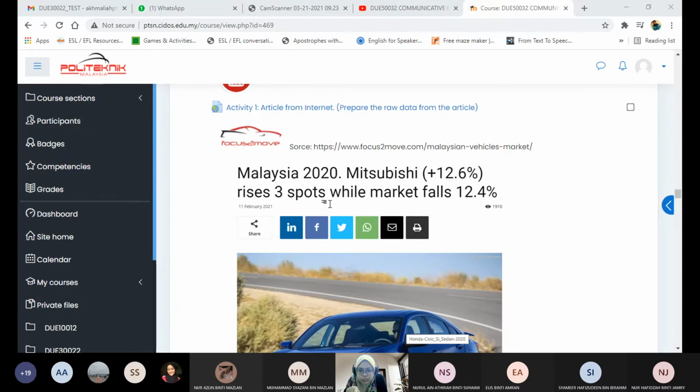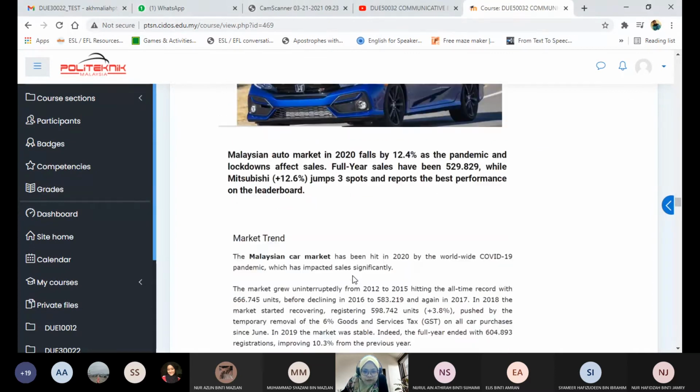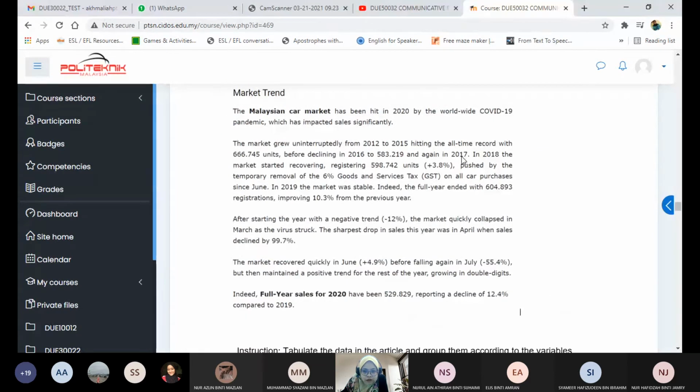Okay, betul ke? I rasa you punya betul sebab bila kita tengok ayat ni dia cakap in 2019 dan 2017 dia menurun kan. 2019 dah 583, so bermaksud 2017 tu lebih menurun lah. Kalau yang I dapat ni dia meningkat 598.